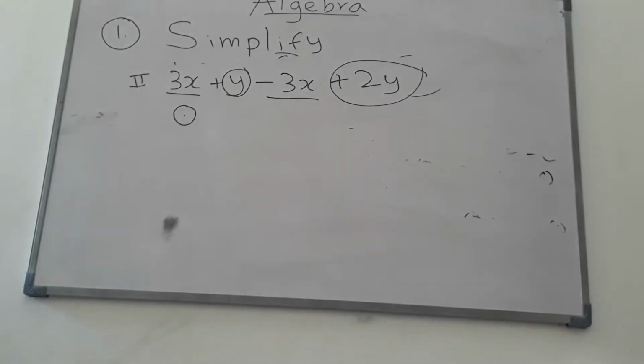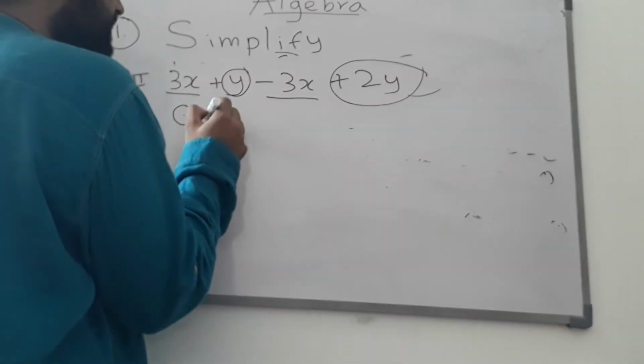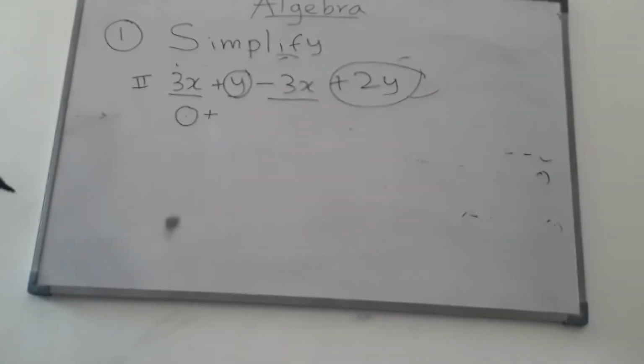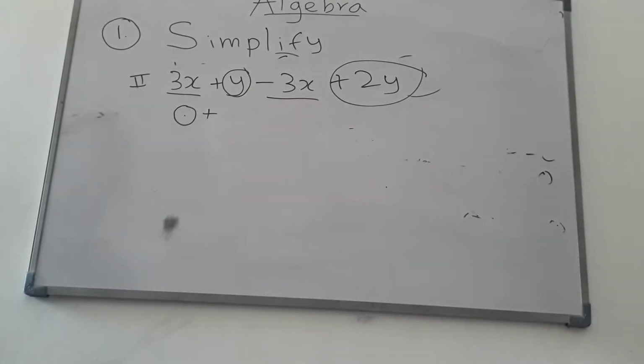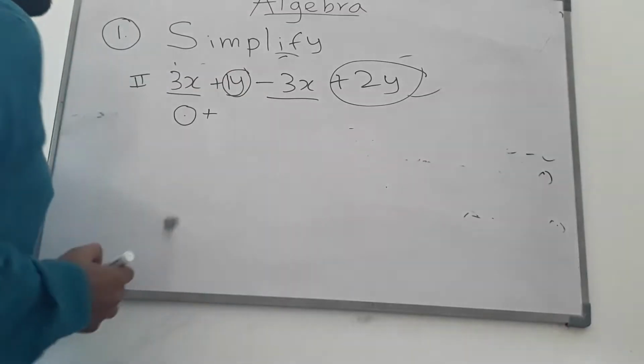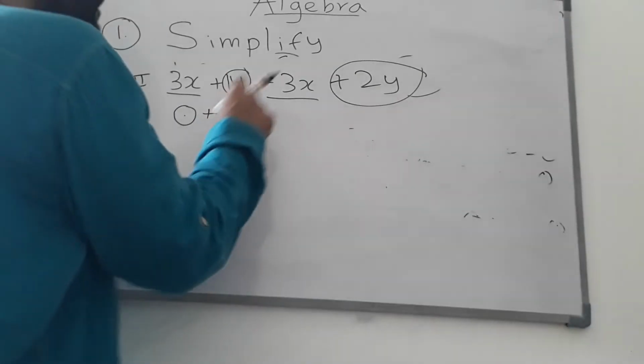So 3x minus 3x means 0x, that means 0. Plus y and 2y. y means 1y. When there's no coefficient in front of y, we take it as 1. 1y and 2y together make 3y.